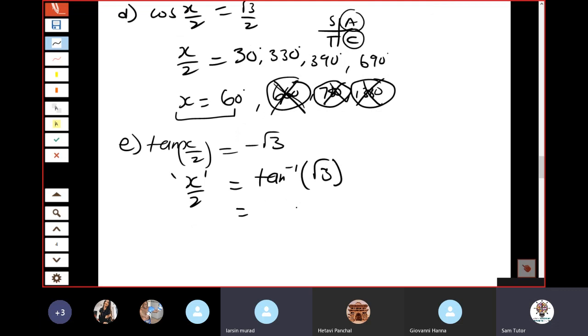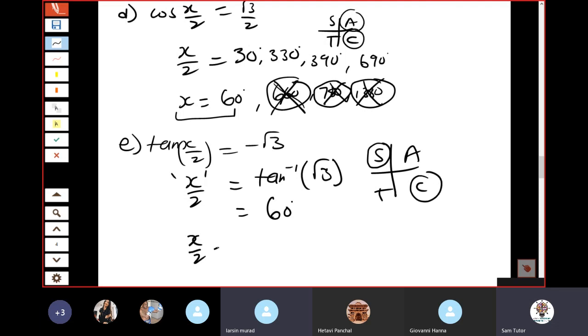That's 60. Yep. And then all stations to central. And what are you going to ask yourself? Where tan is negative. Yep, which is S and T, not S and C, positive here, S and C.